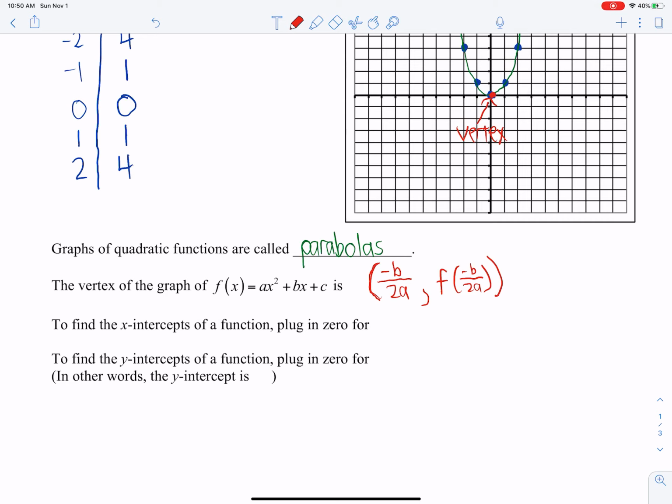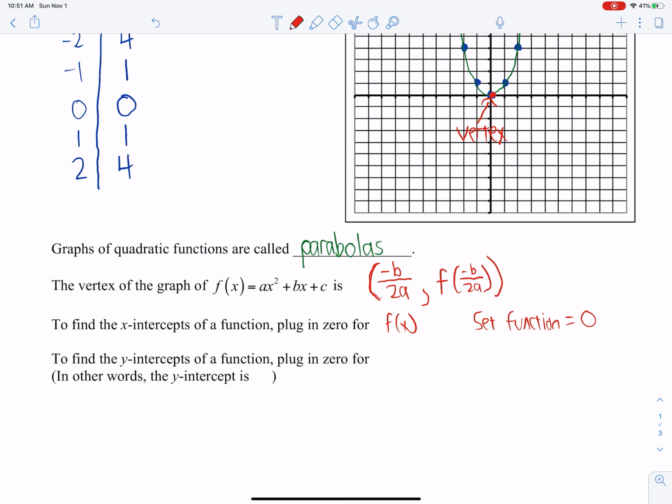Next, to find the x-intercepts of a function, you plug in 0 for f of x. In other words, you take your whole function and set it equal to 0. Then you're going to try to solve it, whether by factoring or using the quadratic formula.